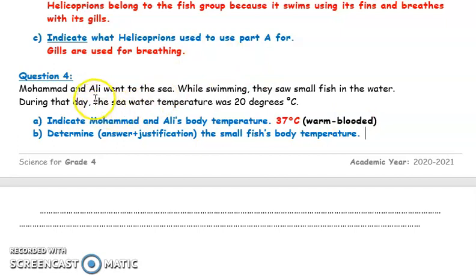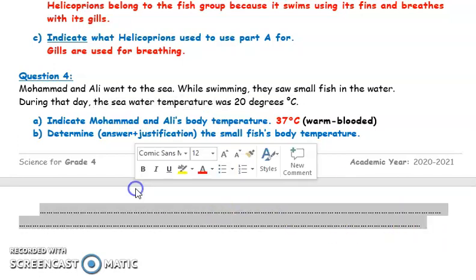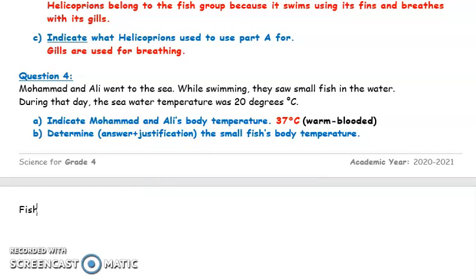That day, the sea temperature was 20 degrees. This means that the body temperature of fish was also 20 degrees. Fish are cold-blooded.